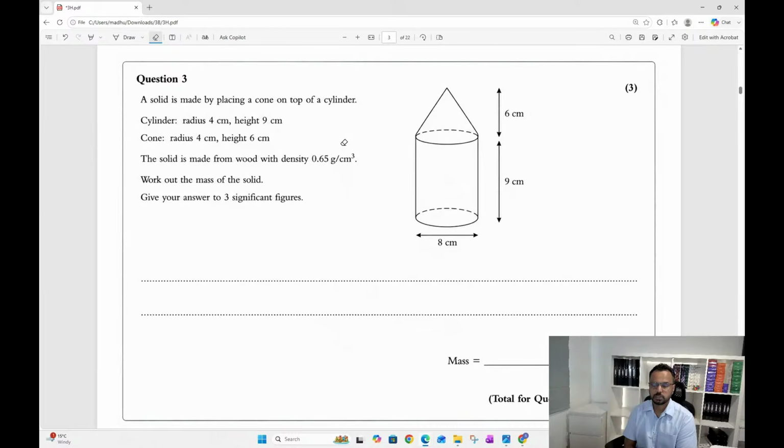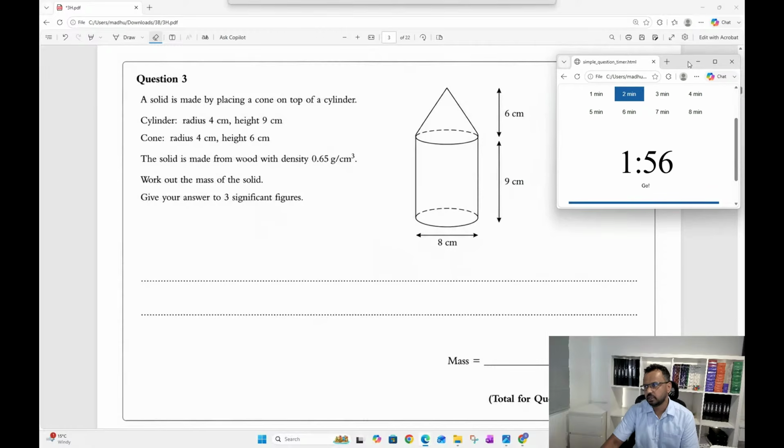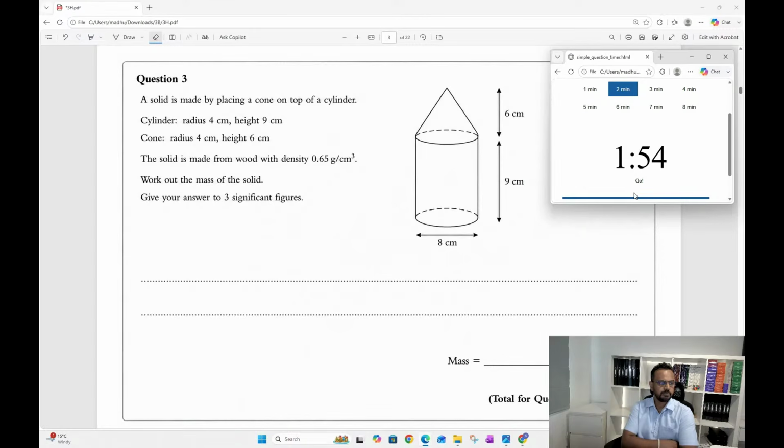That's the beauty of maths actually, because you just get the same answer using multiple different methods, and that confirms that it works, isn't it? So, 2 minutes, guys. Let's give this a try, everybody. Question number 3. It's a density volume related question.